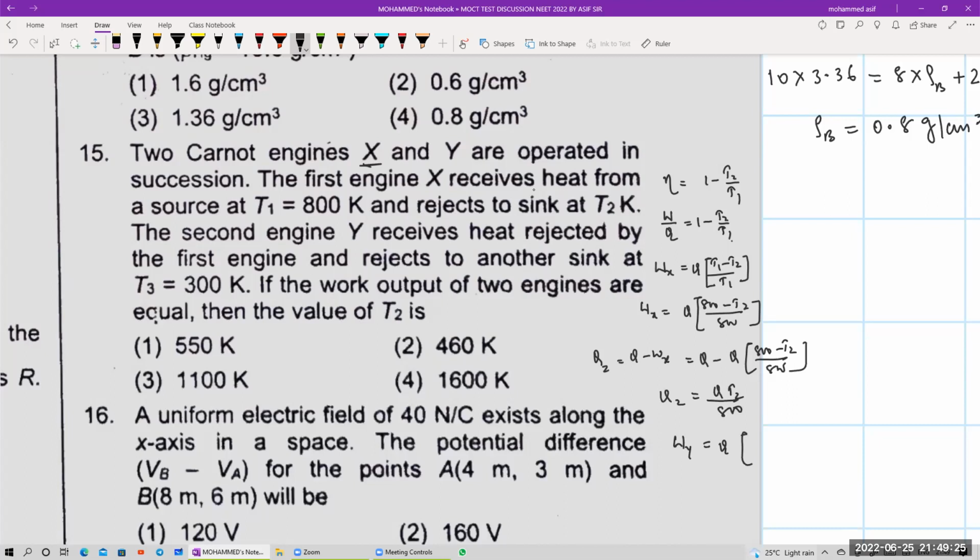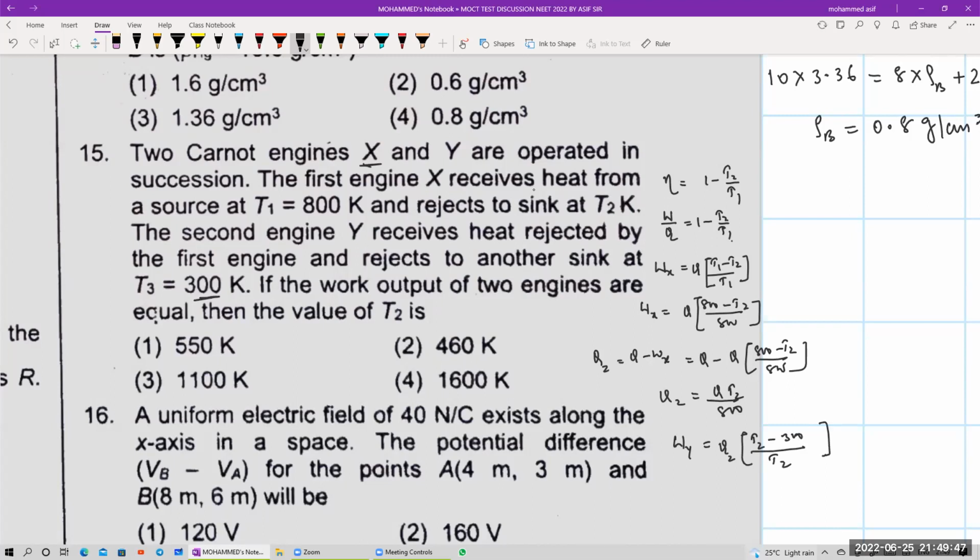Again the same formula, Q2 into T2 minus T3, T3 is equal to how much as per the problem? 300, isn't it? Because heat rejected is given as T3, 300, divided by T2, because the output of the first one will act as input for the second engine.